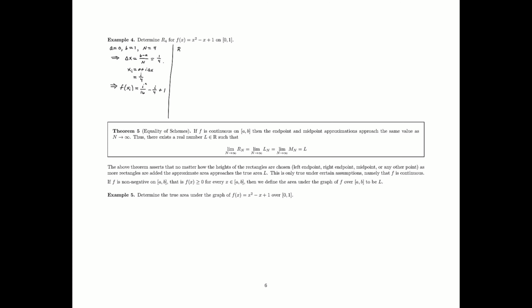The right endpoint approximation is always the sum from i equals 1 to n of f of x sub i delta x. So if we fill in our information, this is the sum from i equals 1 to 4 of this whole expression, i squared over 16 minus i over 4 plus 1, times our delta x, which is 1/4.